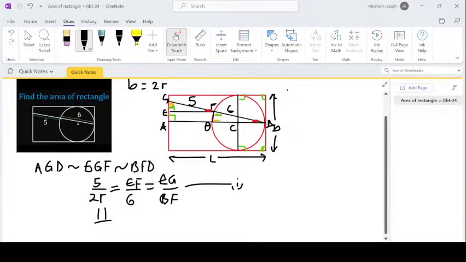So 11 over 2R is equal to, let's go to the yellow.